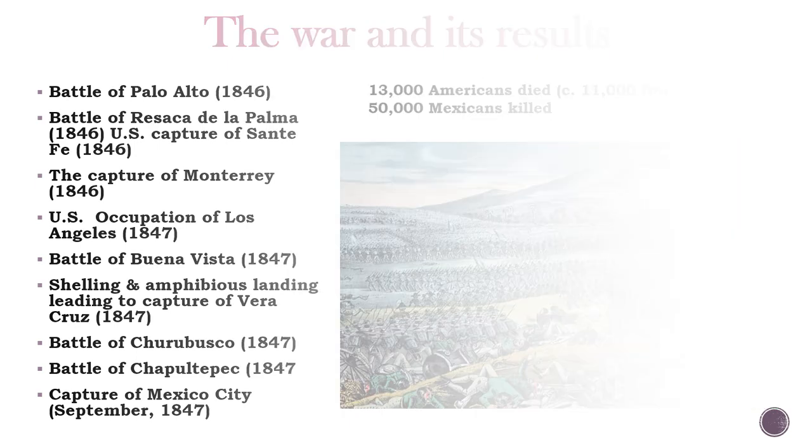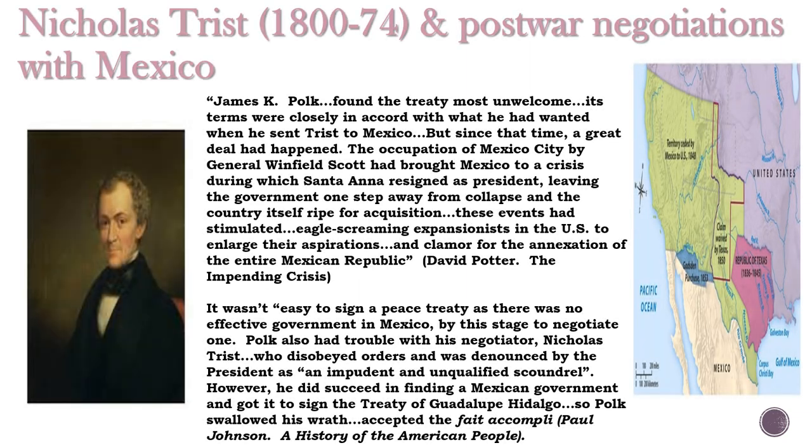So Trist is in Mexico City negotiating, but he didn't negotiate basically the treaty that Polk had wanted and that Polk thought Trist was going to get out of it. And when he found out that Trist wasn't doing what he wanted, which wasn't aggressive enough for Polk, Polk was actually thinking about taking all of Mexico.